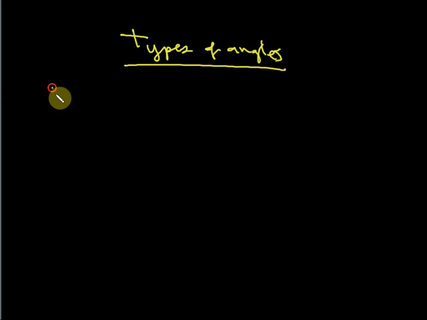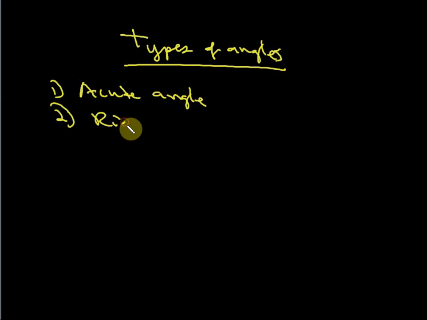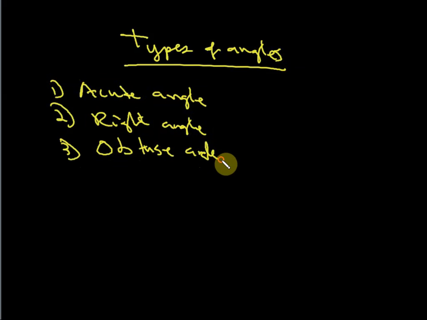So we have one, the acute angle. We have the right angle. We have the obtuse angle. We have a straight angle.